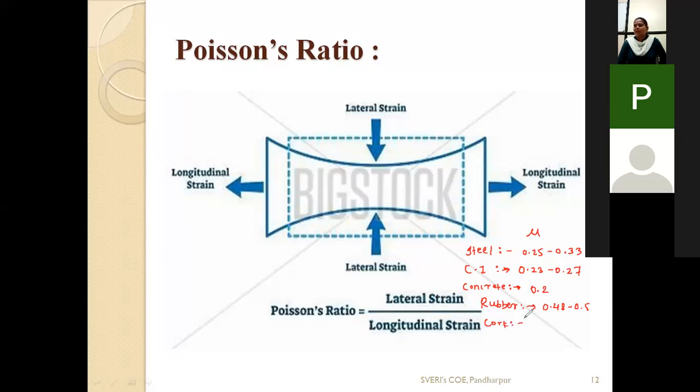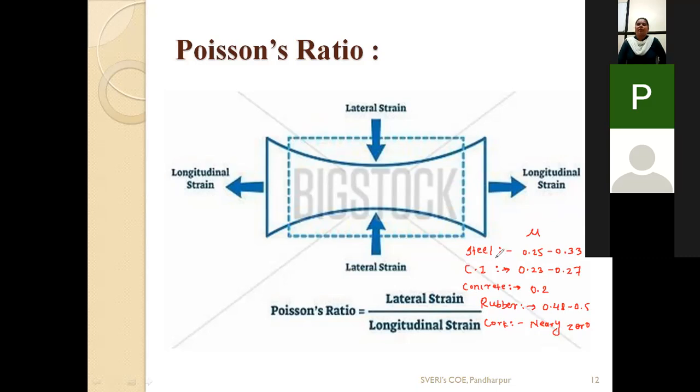For that, it is nearly zero. These are the values of Poisson's ratio for different materials.